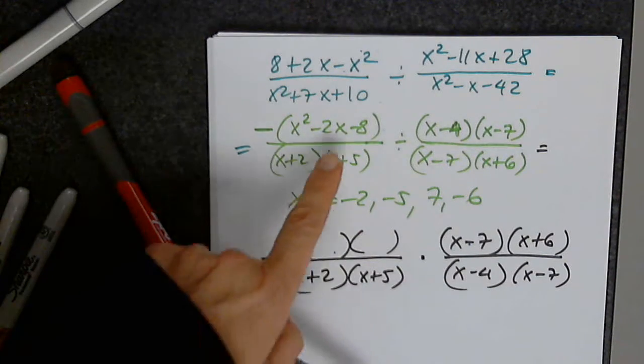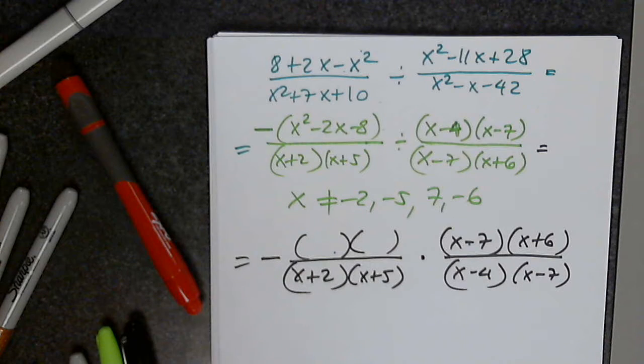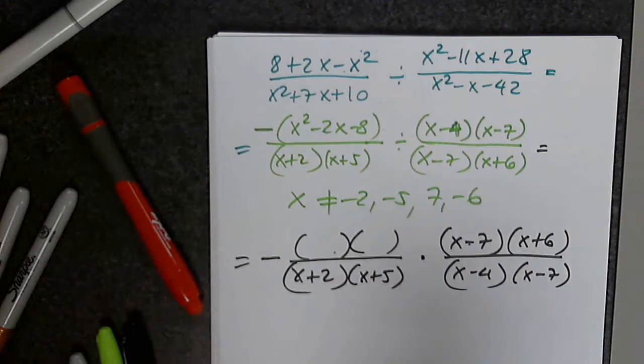Okay, so x squared minus 2x minus 8. How do I factor x squared minus 2x minus 8? Very good.